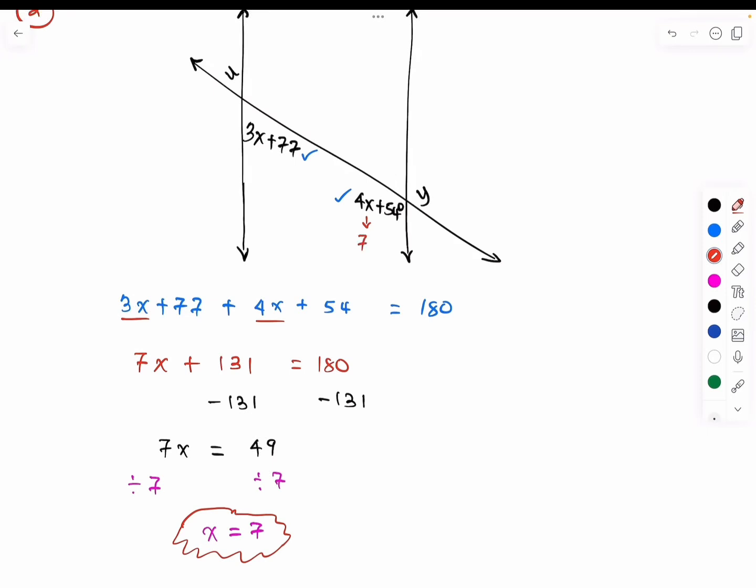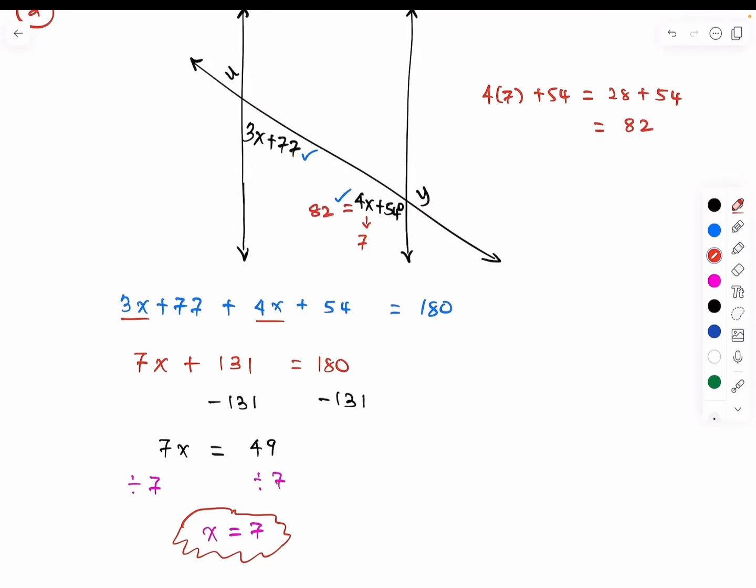Now if I go back and put x as 7 in this case, what is 4 times 7 plus 54? 4 times 7 is 28, plus 54 gives you 82.